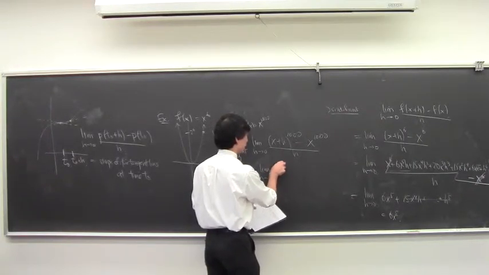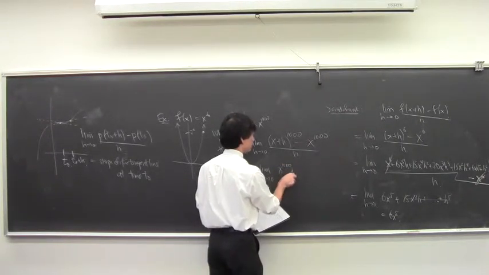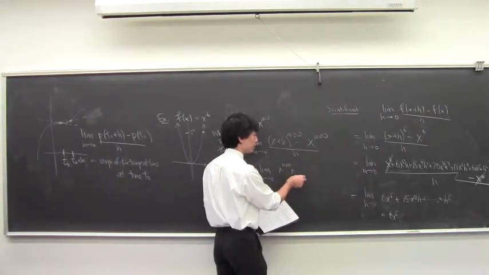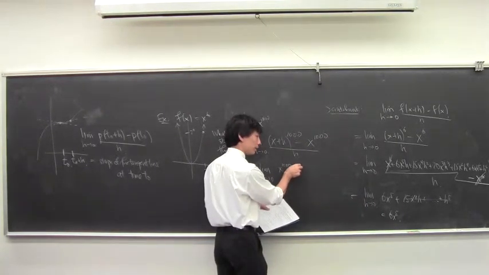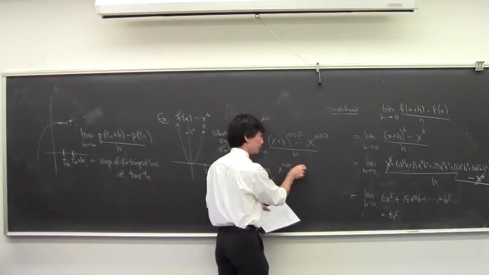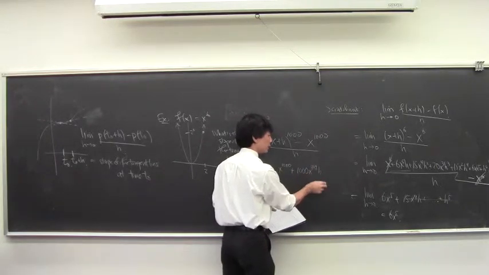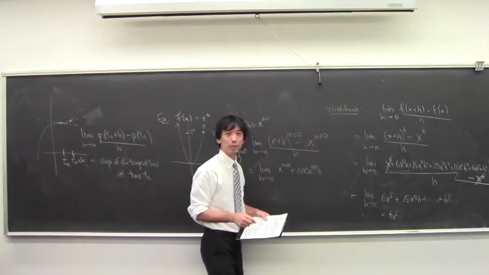It's going to be x to the 1,000 plus what? What's going to be the next term? What's going to be the coefficient? 1,000 x to the 999 h, if you know Pascal's triangle.